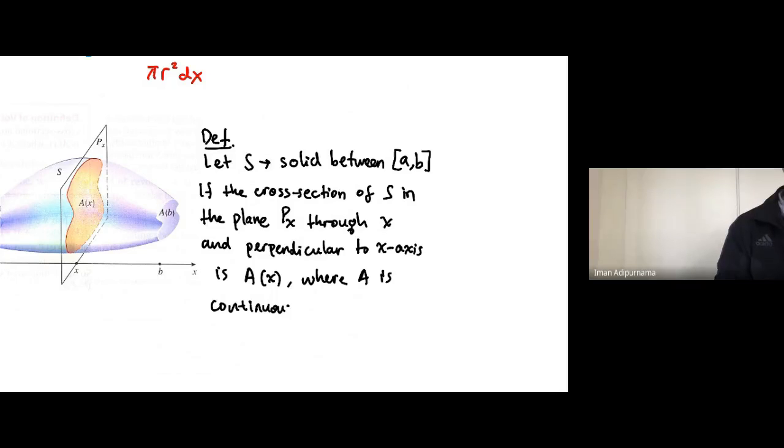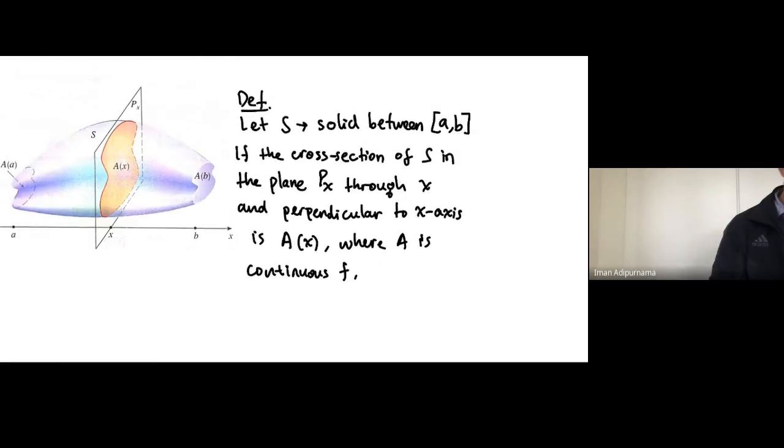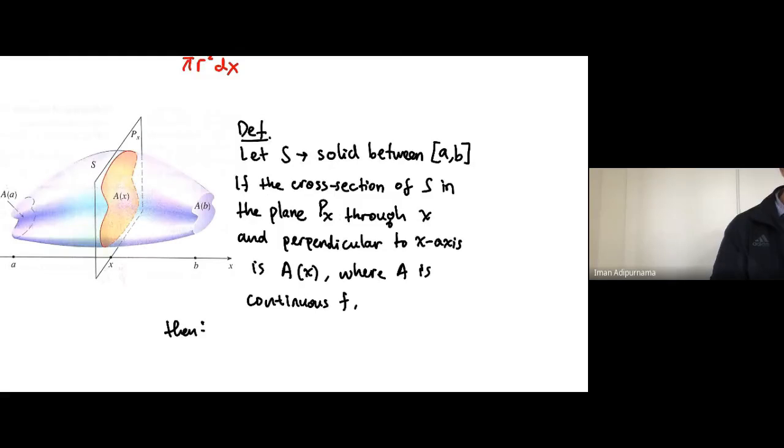So we are back to the very first concept. We need to have the continuous functions. Then the volume is the limit as n approaches infinity.